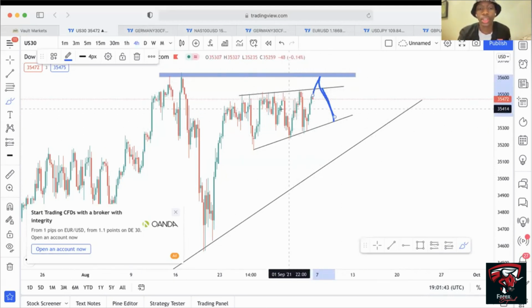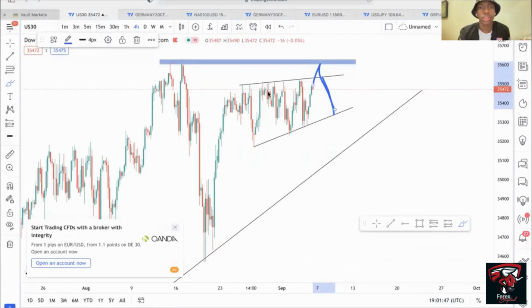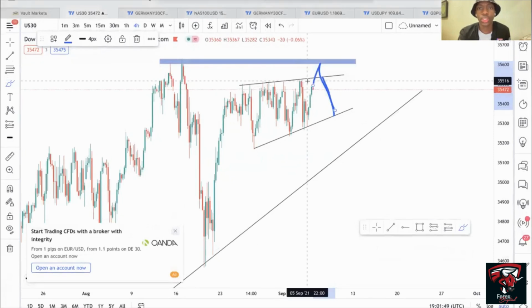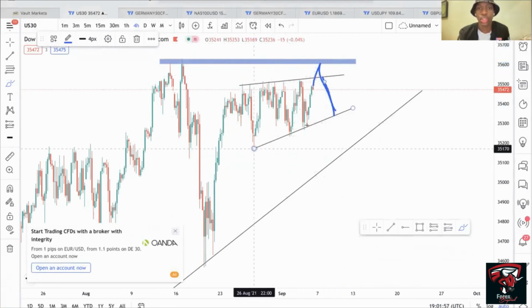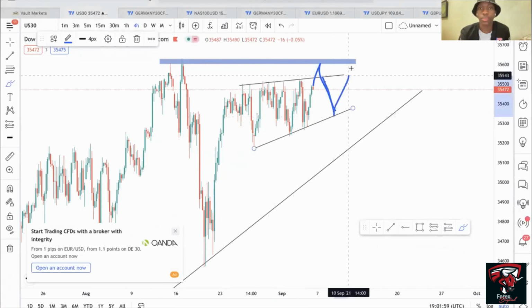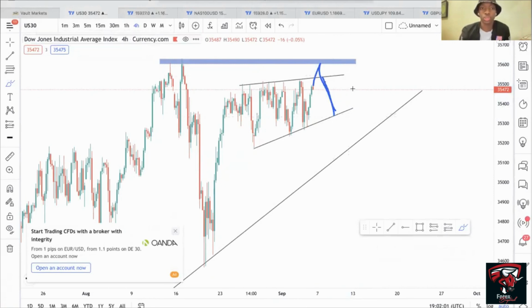I'm waiting to see how the market reacts to this trend line, right? If it's respected, then I am anticipating sells all the way down to our trend line over here, and then buys again. Obviously things would be clearer when the market actually moves and plays out.